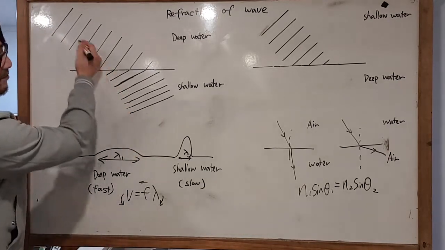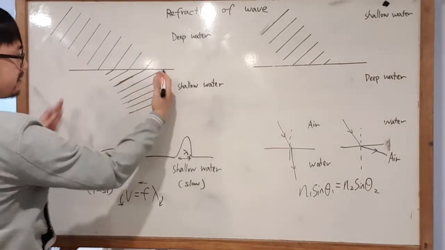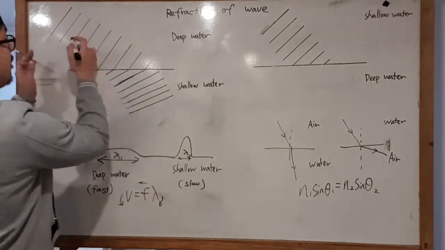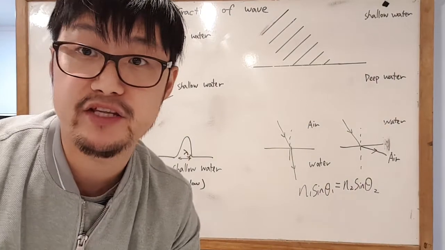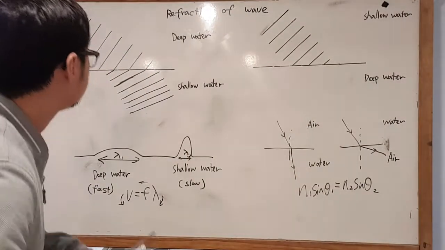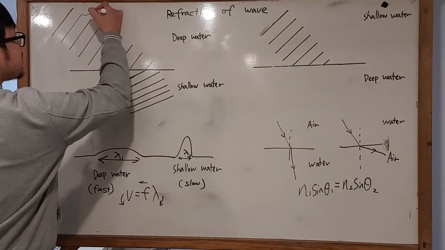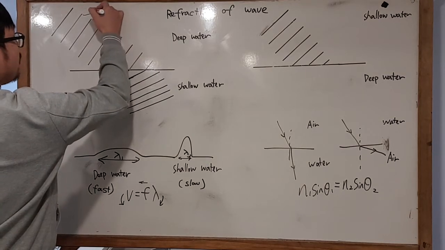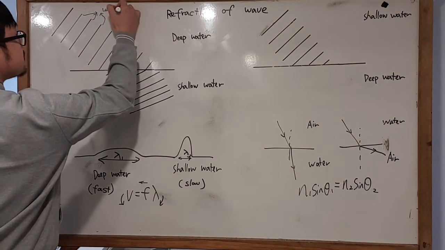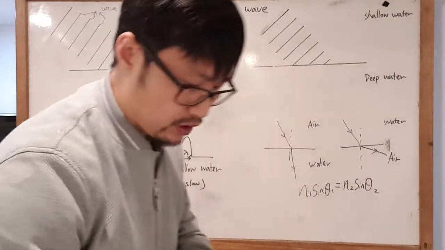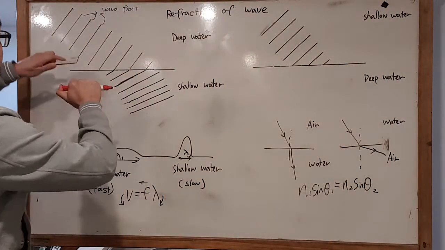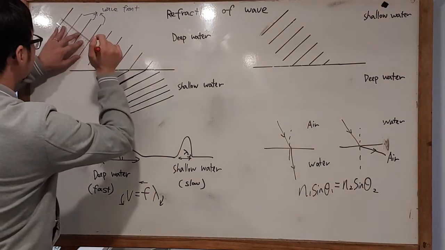As you can see, because of this slowdown, now the direction is also changing. Because the direction of a wave is always perpendicular to the wavefronts. Okay, so what are wavefronts? Each line is called a wavefront. And the direction the wave travels, I'm going to use this red line, is always 90 degrees to the wavefront.